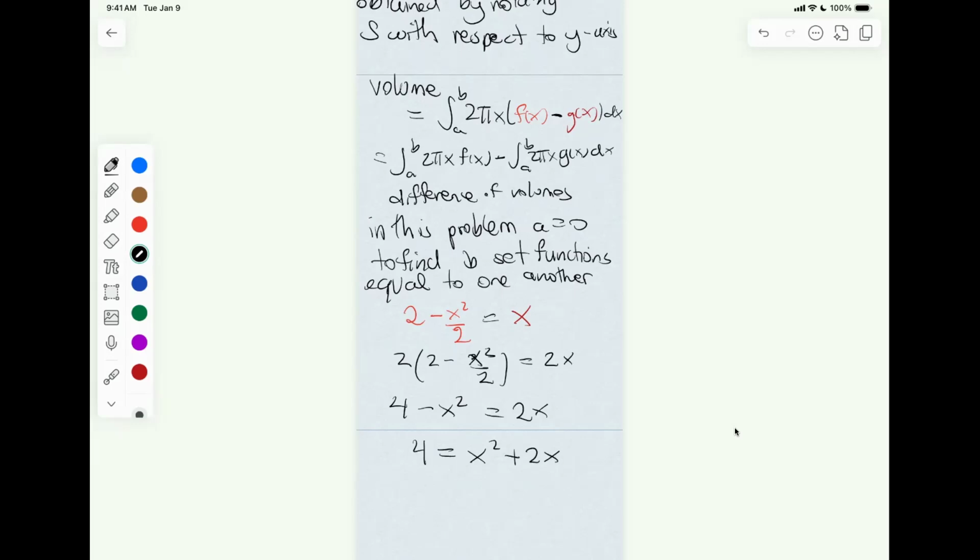It's this binomial thing. So if you add 1 to both sides, that gives you that x plus 1 squared equals 4 plus 1.